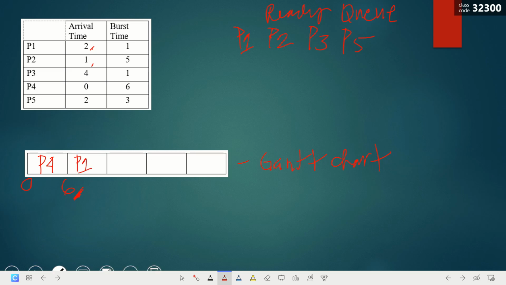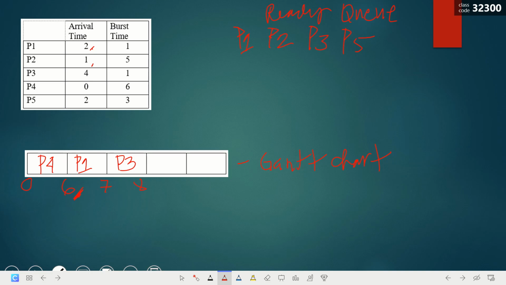What is the burst time of P1? The burst time of P1 is 1, so 6 plus 1 is 7. Next is P3, whose burst time is 1, so 7 plus 1 is 8.